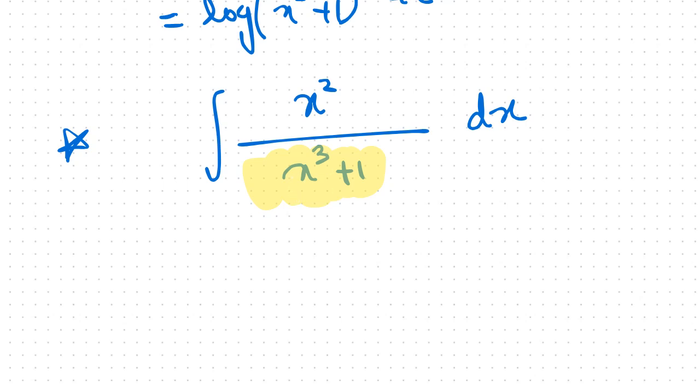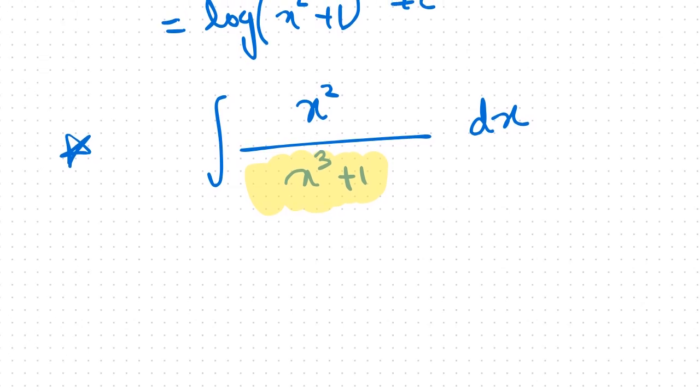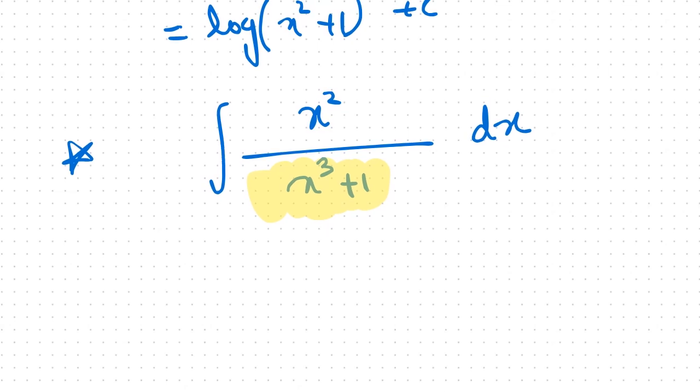So picking carefully is the key. So x square divided by 3x square.